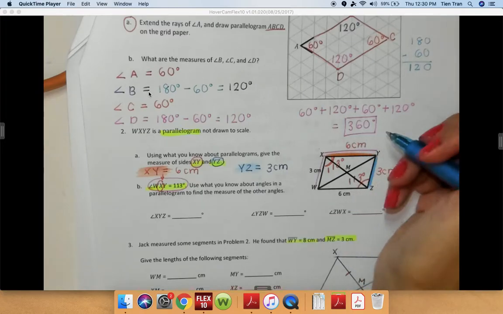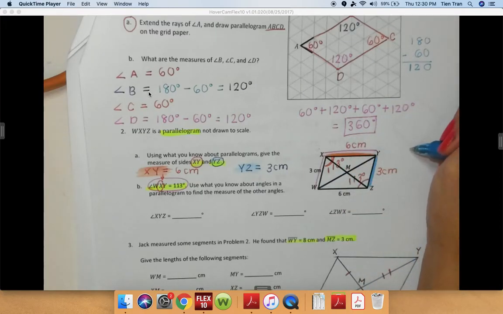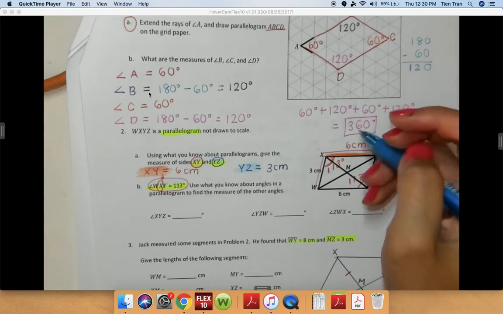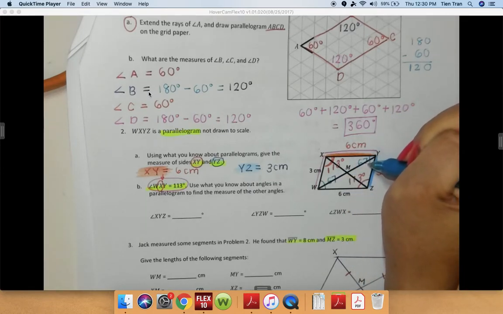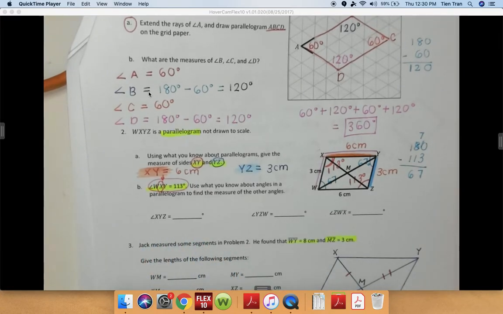Now, to figure out Y and W, I need to subtract. So I'm going to subtract 180 degrees minus 113 degrees. 10 minus 3 is equal to 7. 7 minus 1 is equal to 6. So this angle is 67 degrees and this angle is 67 degrees.